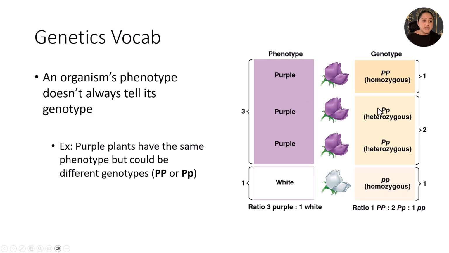The only one that you can know is the recessive case, because it can only be homozygous recessive if that recessive trait is expressed. If you see the recessive trait, then it has to be homozygous recessive. There's no way it could be anything else other than little p, because that's the only way it would be a white flower color. Anything else, if there's a dominant copy, you can't really tell just by looking at it if it's both copies dominant or only one.